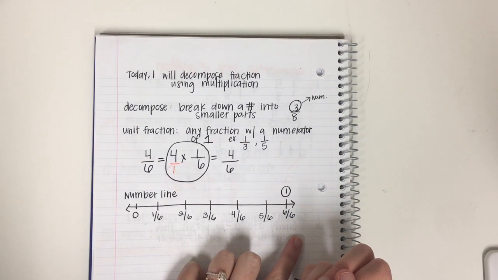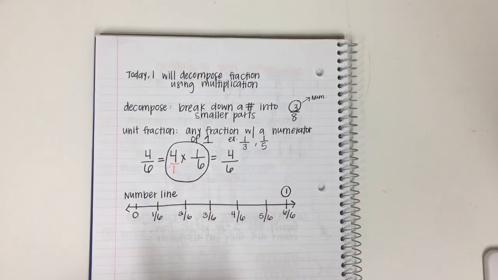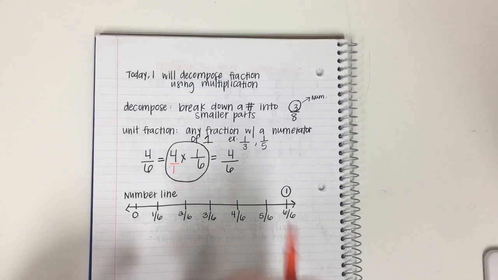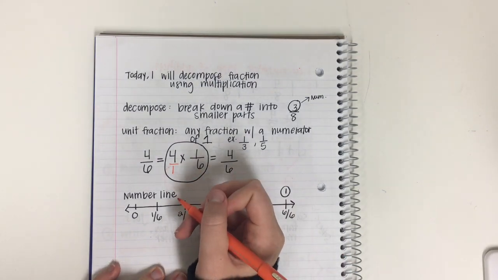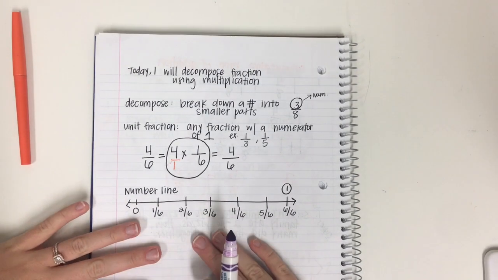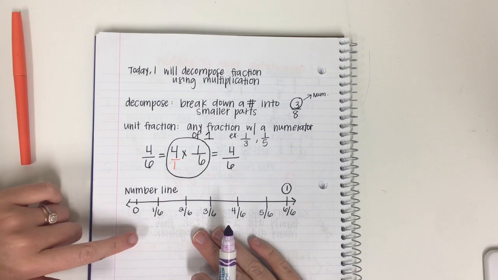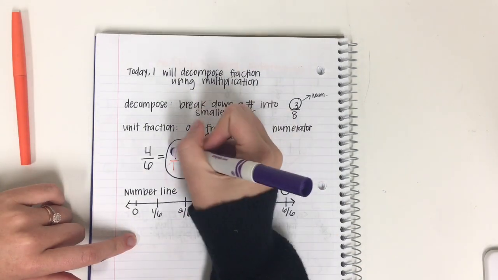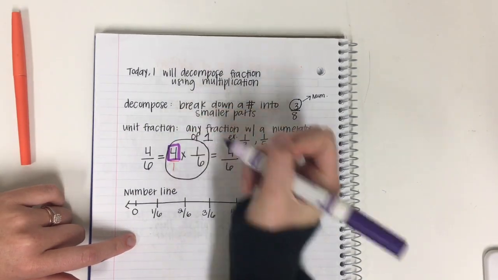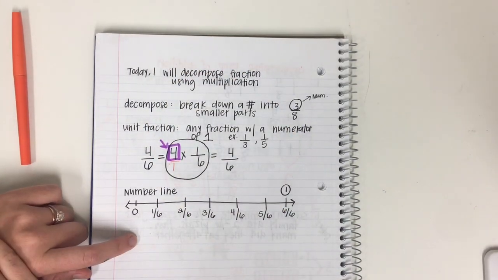Okay, so here's how we would represent 4 times 1/6. So take another color. Here's how I want you to think about when you're trying to represent a decomposed fraction using multiplication. This 4, draw a little arrow, that's how many times you jump.